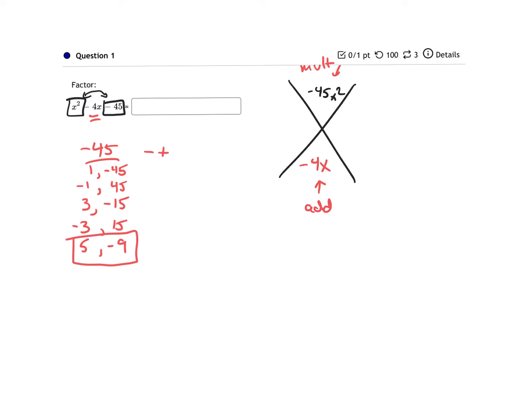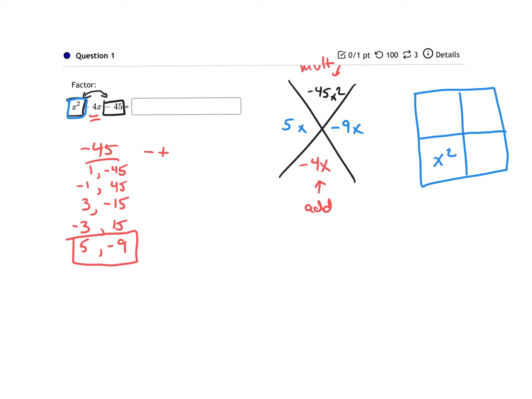So I can stop looking for factors at this point, and I know on the sides I'm going to have 5x and negative 9x. So then I need to make my generic rectangle. I fill that in by taking the first number here, and I like putting it down in the lower left-hand corner. Then this number here, negative 45, I'm going to put in the upper right.